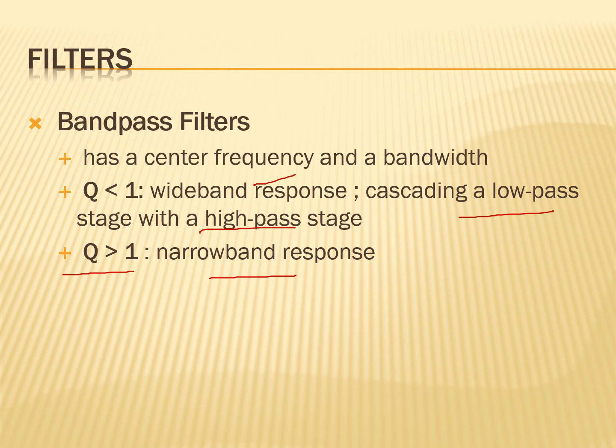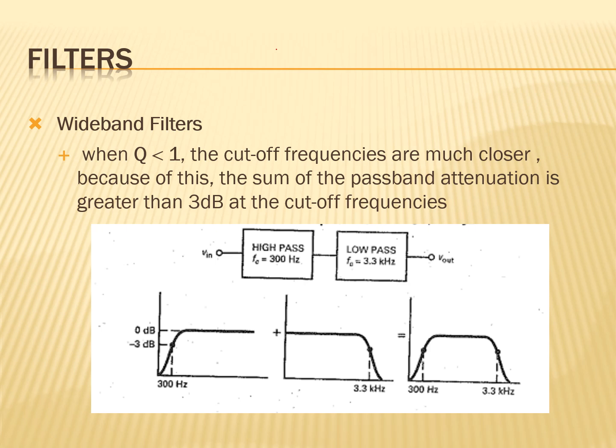Okay, so for the design of a wideband filter, we have already solved for this a while ago, and we found out that our Q here is equal to 0.33, which is less than 1. For a wide band filter, the cutoff frequencies are much closer.